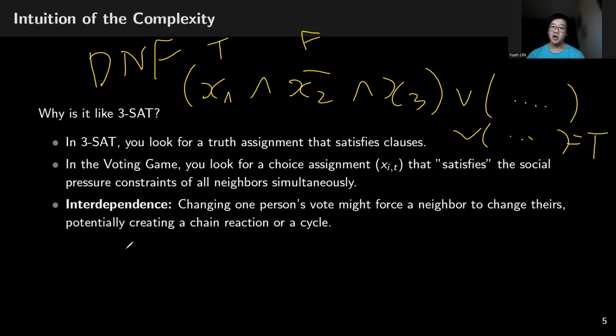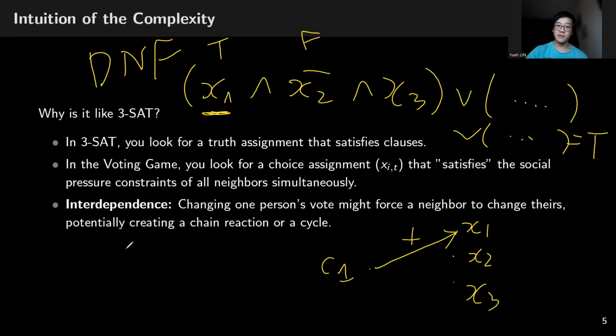In the voting game, we can do the same thing by introducing players as nodes that represent the variables. So x1, x2, and x3 can be different nodes, and the first clause can be a node. If a variable appears positively, then the clause is a friend with that variable, and it's an enemy with the second variable because it's negated.